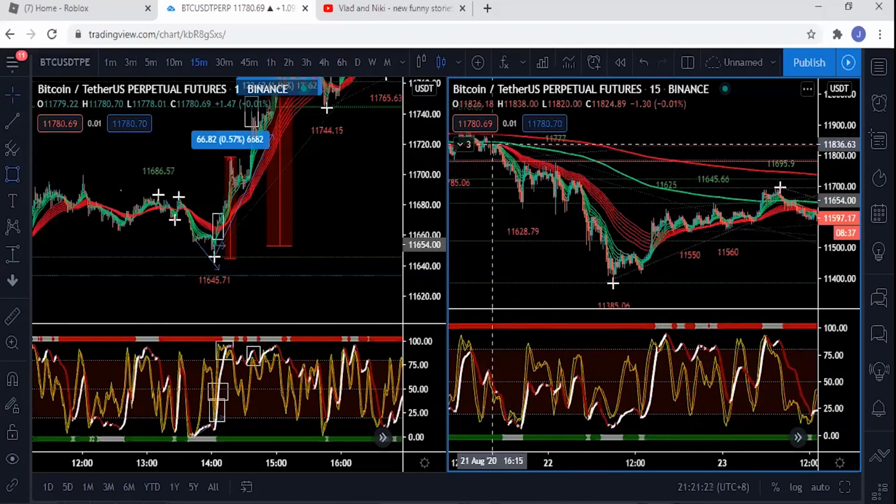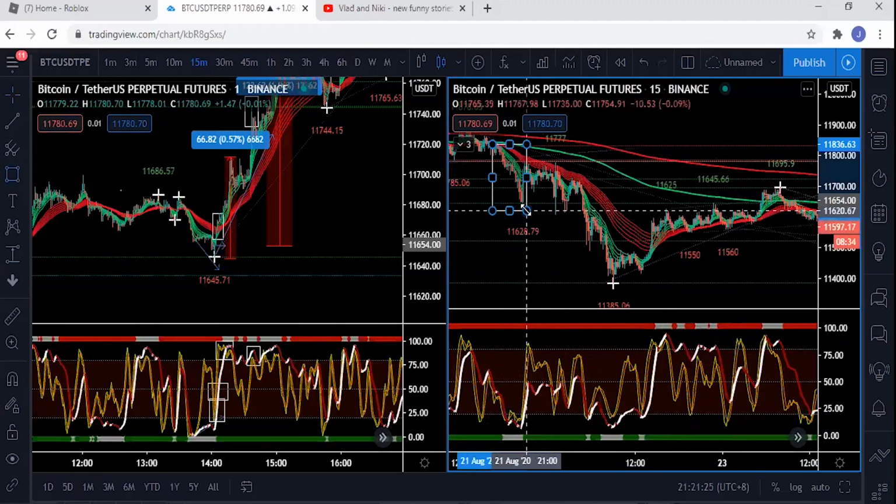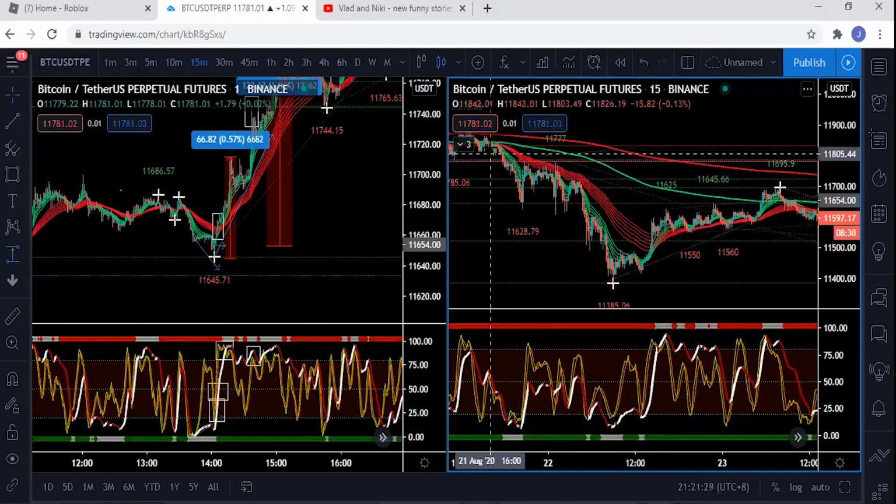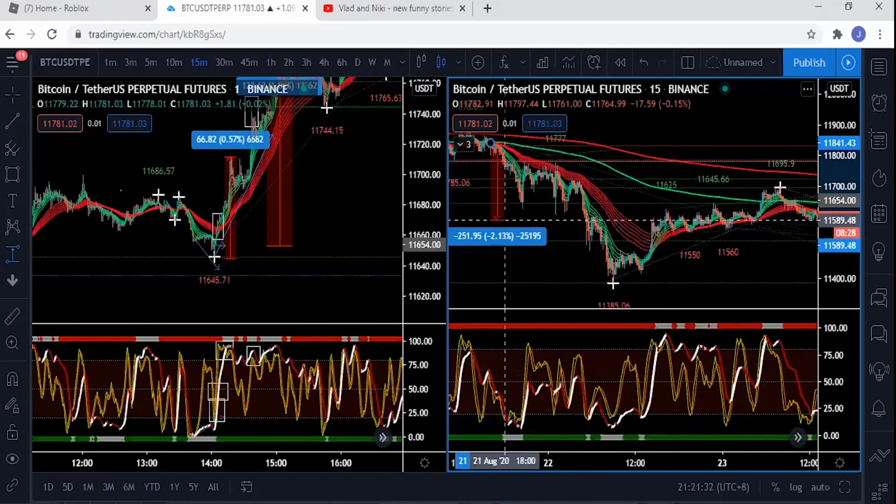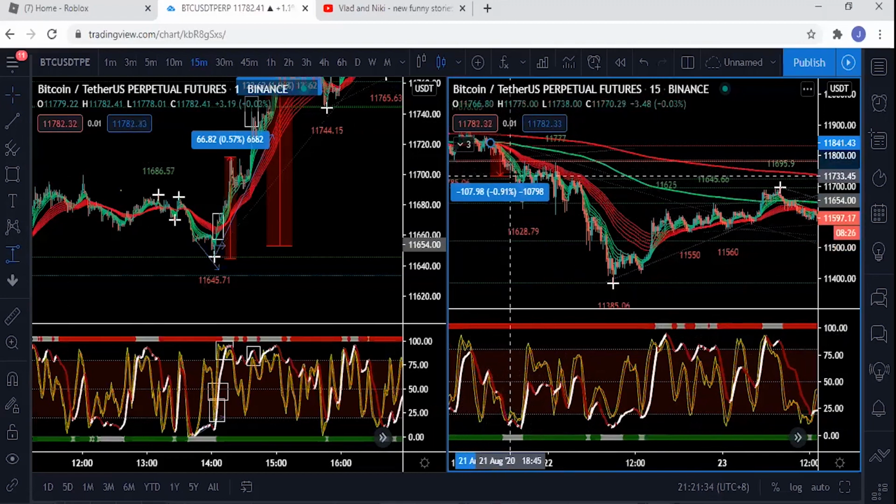From your entry point, you already see a green candle, meaning to say you can exit now in the market. That is already 87%. But this is in the 15 minutes time frame.